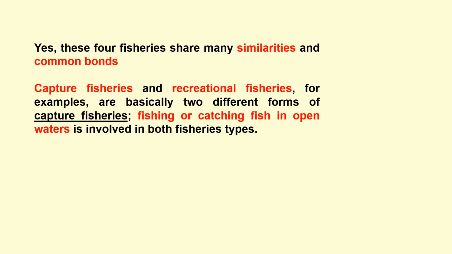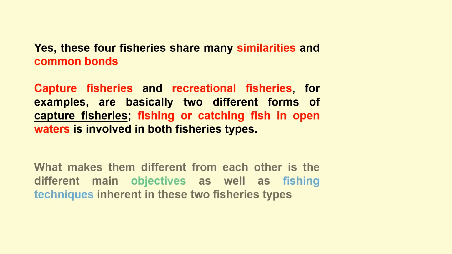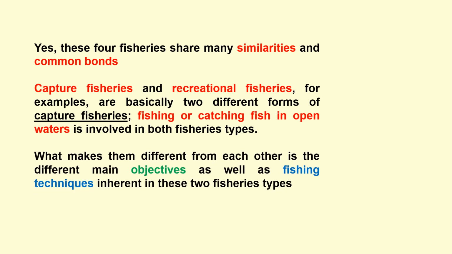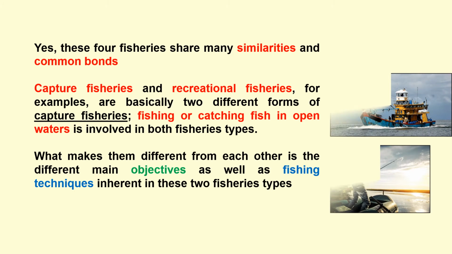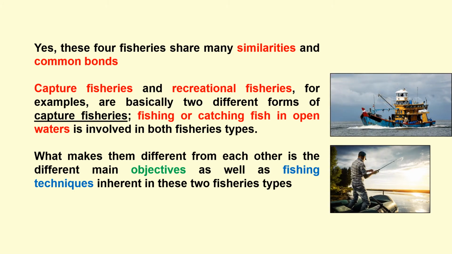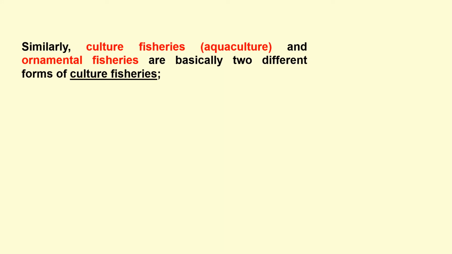Fishing or catching fish in open waters is involved in both types of fisheries. What makes them different from one another is just the objective as well as the techniques of fishing. Okay, they are different, but they are the same, but they are different actually.